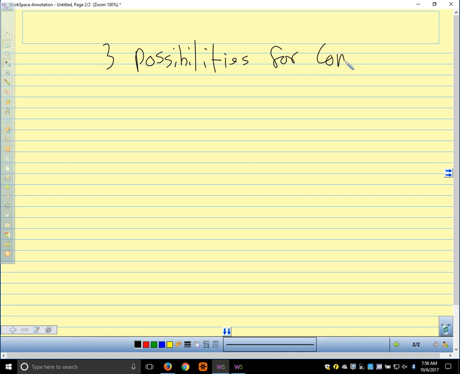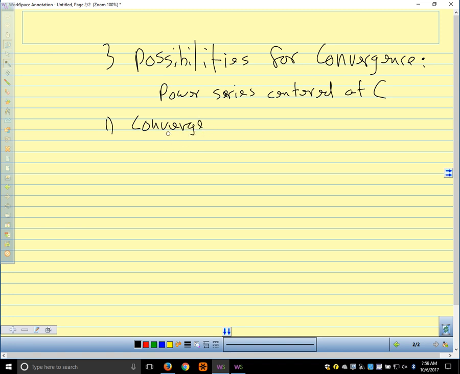So for our convergence, I'm going to say our power series is centered at c. The first one is our series will converge only at c. That's not going to be a particularly useful power series if it converges at one point.